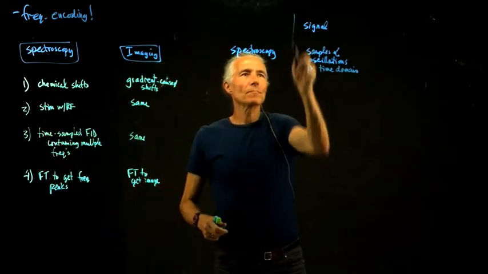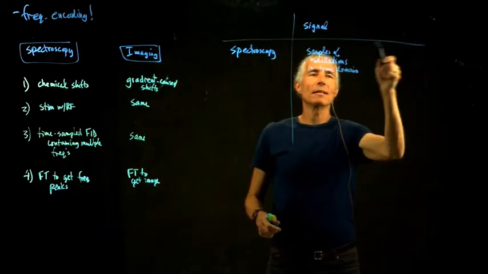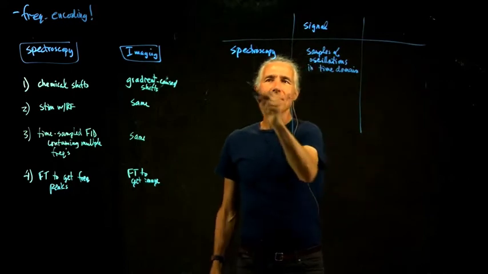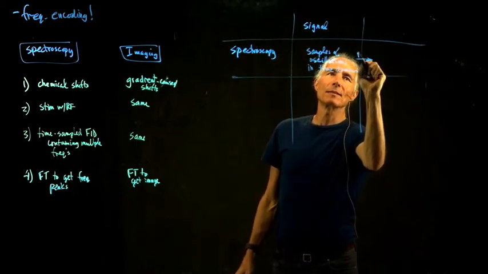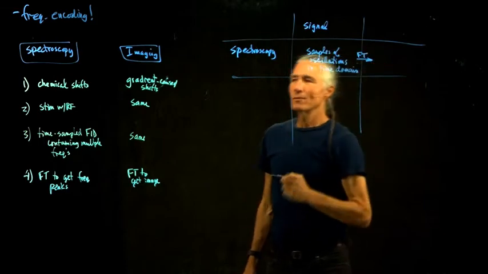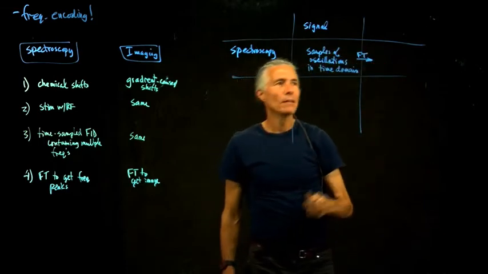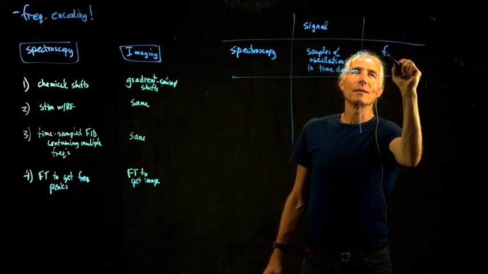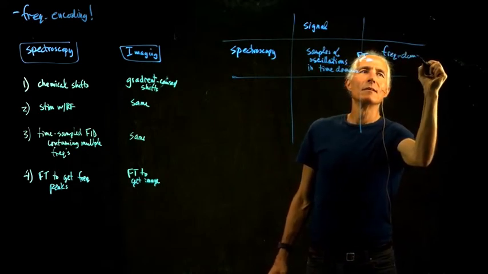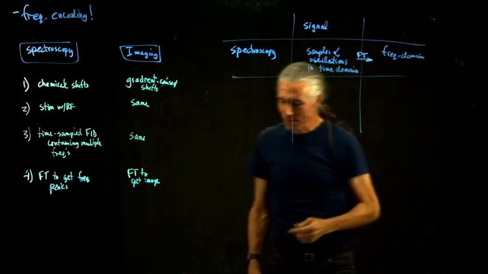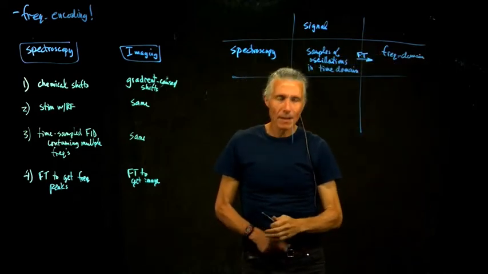So that's our signal. And then when we do the FT, we go from the time domain to the frequency domain. So now we're in the frequency domain. And when we're in the frequency domain, what do we get?